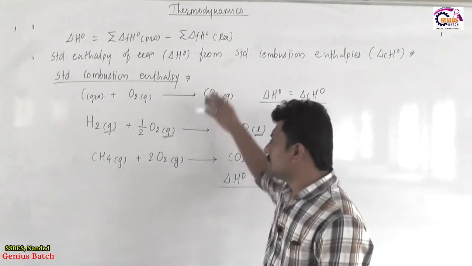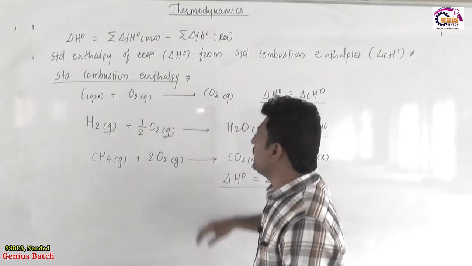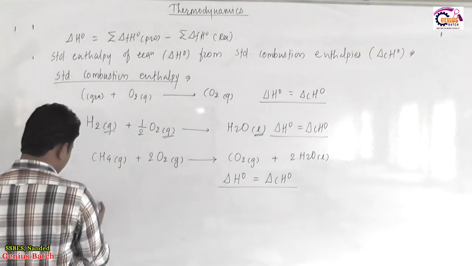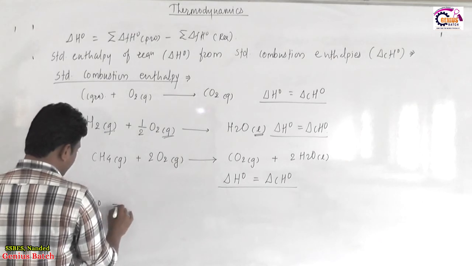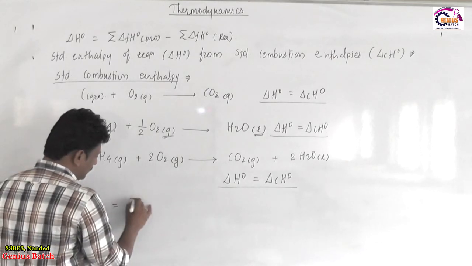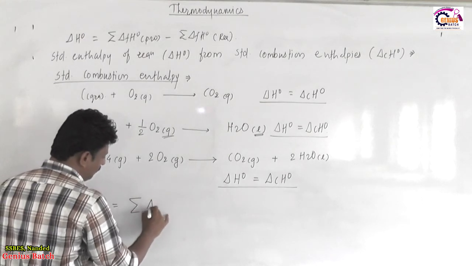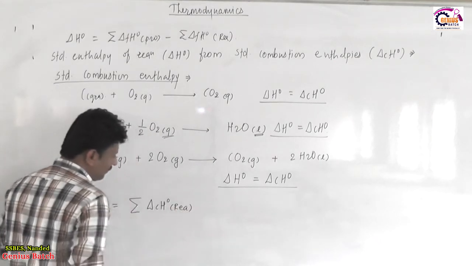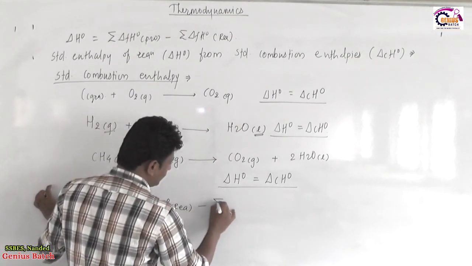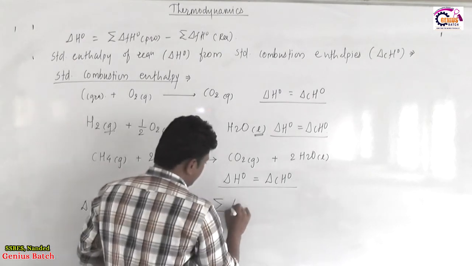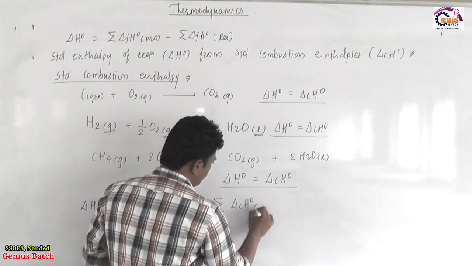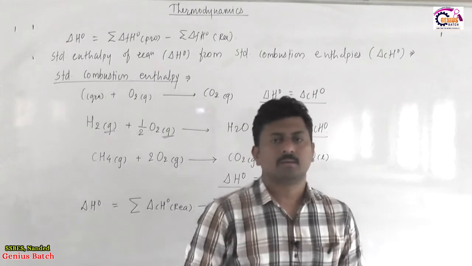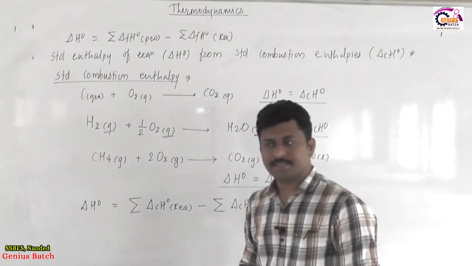For combustions, we have this representative equation, and if combustion enthalpies are given, then the enthalpy change for the reaction has the equation delta H0 equals sum of combustion enthalpies of reactants minus sum of combustion enthalpies of products. Are you noticing the change in it?